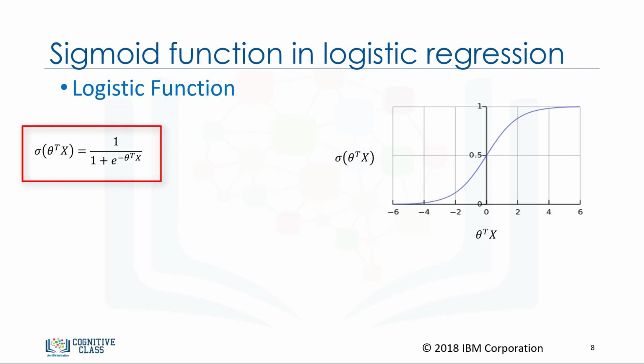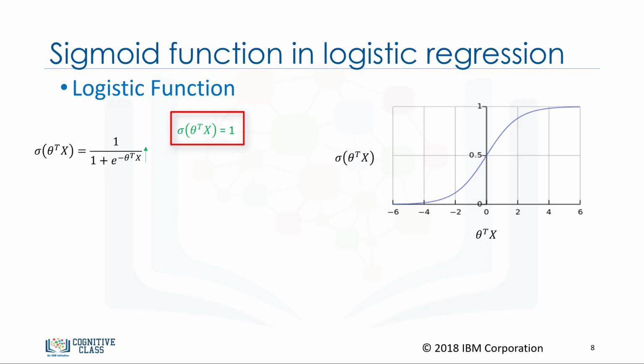It'll make sense to you after working with it. Notice that in the sigmoid equation, when theta transpose x gets very big, the e power minus theta transpose x in the denominator of the fraction becomes almost 0, and the value of the sigmoid function gets closer to 1.